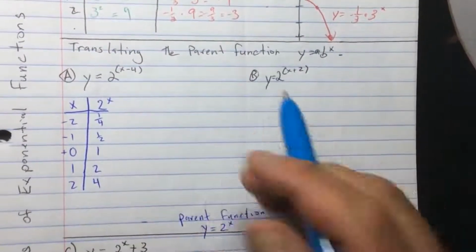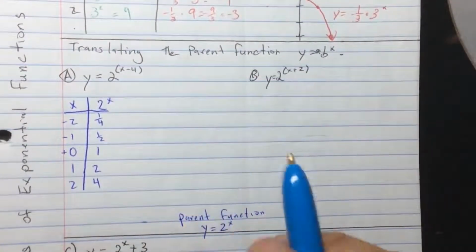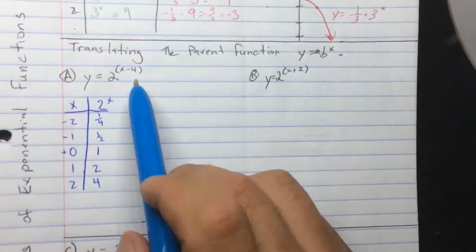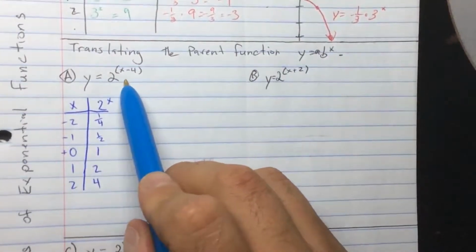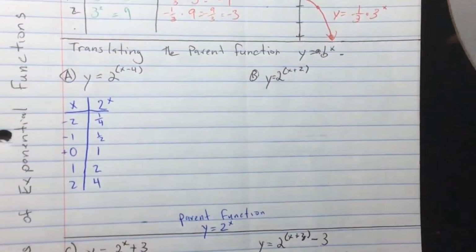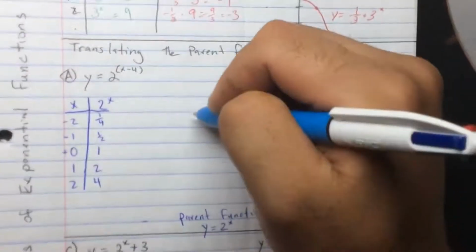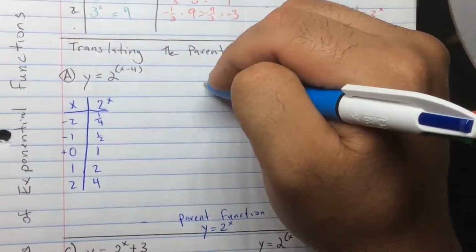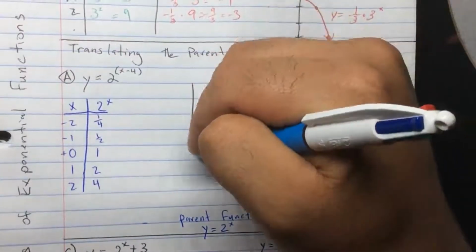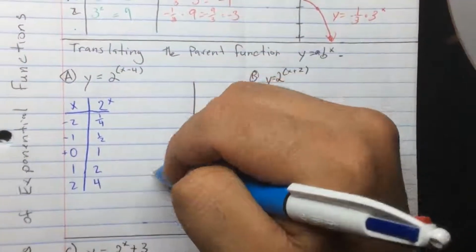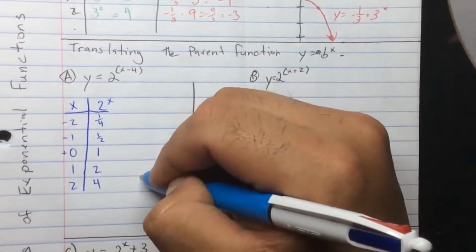So for both of these, I'm going to draw the parent function and then I'm going to do the transformation in this one in a different color than I do in the other one. So let's go ahead and draw our parent function first. So we go ahead and do our graph.